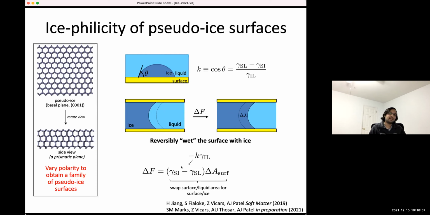And if we could carry out this process, figure out what the free energetic cost is, and also figure out the area of the surface that we have wet with ice, then we can infer what the wetting coefficient or ice philicity of the surface should be. So that's the basic idea.